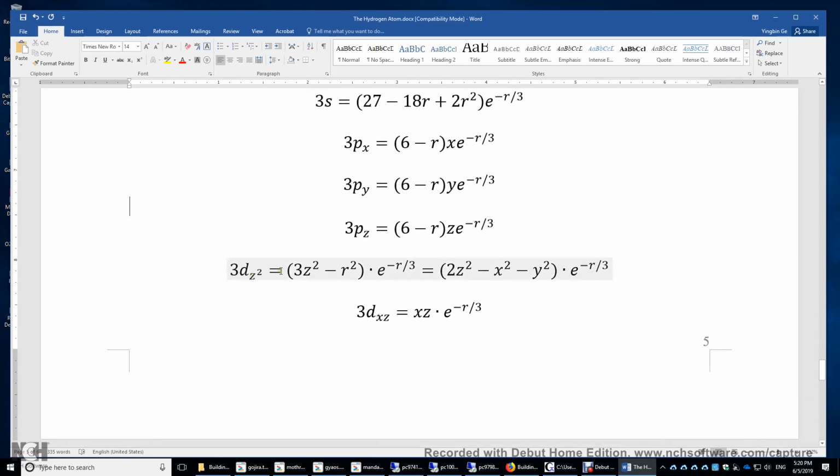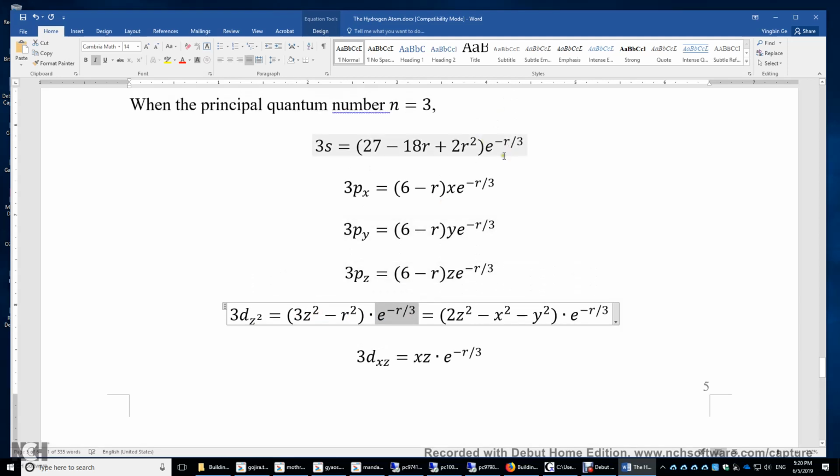All right, 3D orbitals. First, 3d z squared. Well, this wave function is not proportional to z squared. It's actually proportional to 3z squared minus r squared, and then there's an exponential function here. Again, the exponential function is the same for 3s, 3p, and 3d. And then we can find there are two nodal surfaces because z equals r times cosine theta.